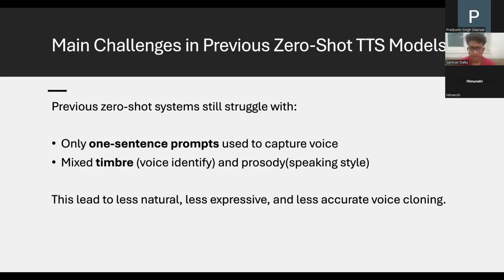Another issue is that they combine timbre and prosody into one representation. Timbre is basically who is speaking, and prosody is how they speak. Mixing them together makes it harder to control the speech output. So the result ends up being robotic, less expressive, or you can say less human-like.